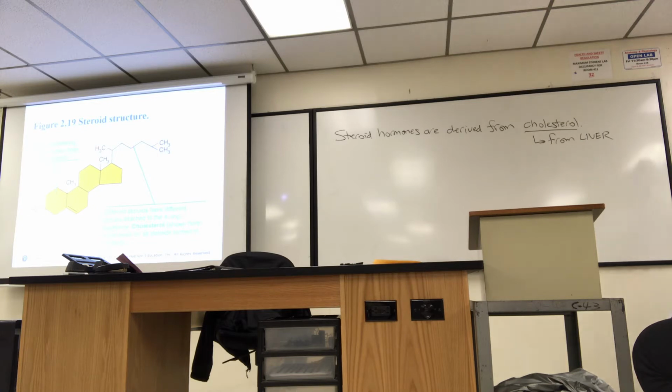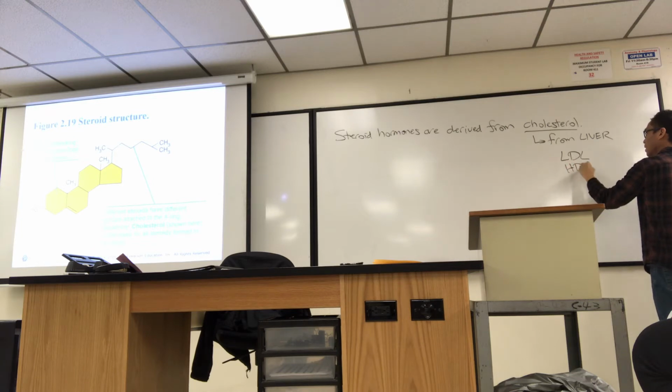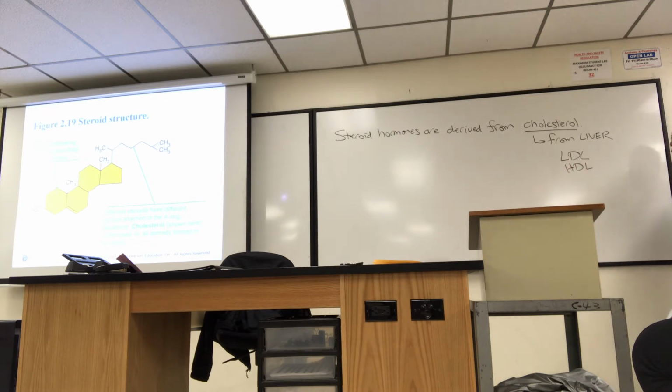And that's how you always hear about LDL, HDL. Low density lipoprotein, high density lipoprotein. It's a way to transport triglycerides and cholesterol in the bloodstream. And what they are is just a bunch of phospholipids in a circle.